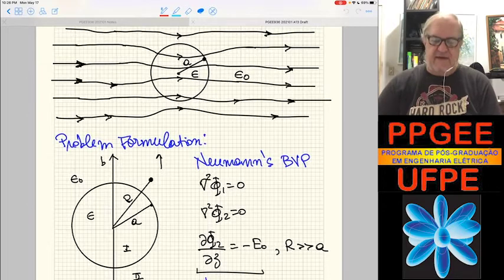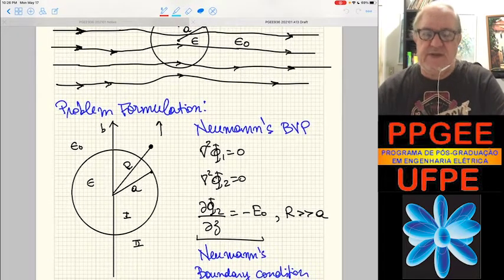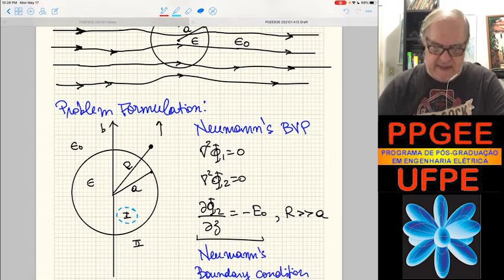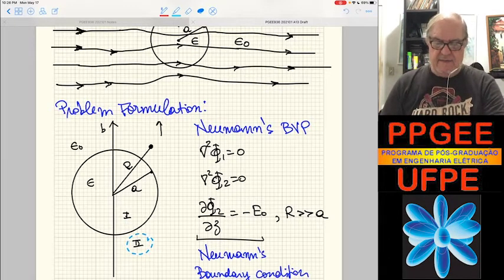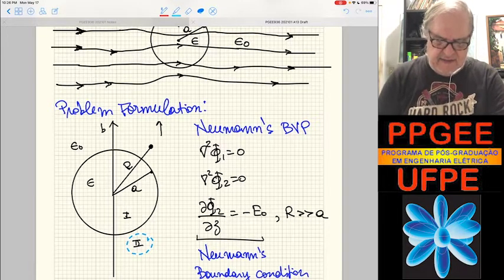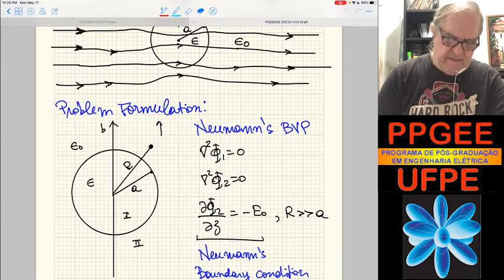We are going to identify it. So we have to break the problem into two regions: the inner region, the dielectric region, and outside, region 2. I'm finding some letters here strange. What is this B doing here?